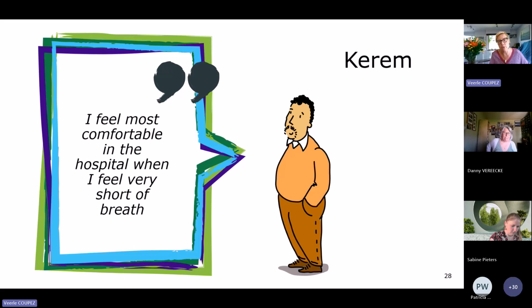Next, we go back to Kerem. Kerem says, I don't feel comfortable at home. When I'm very short of breath, I always come to the hospital because I feel most comfortable and safe here.